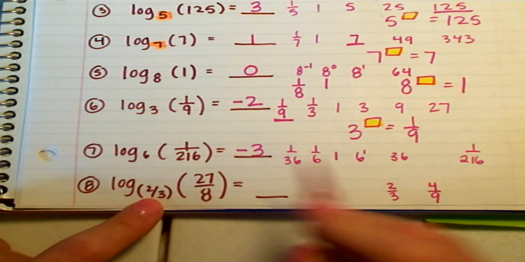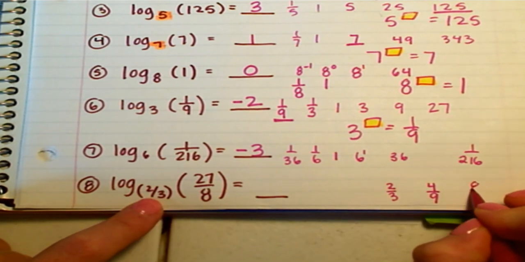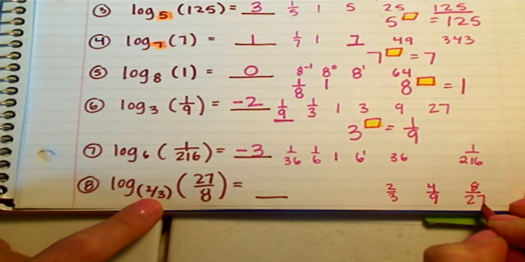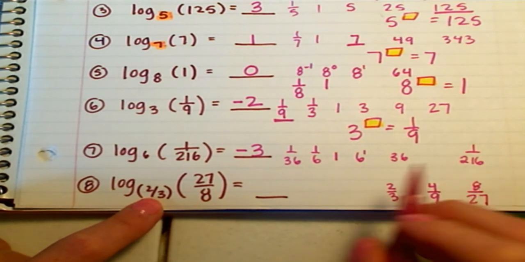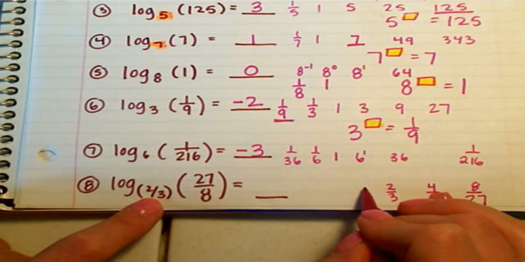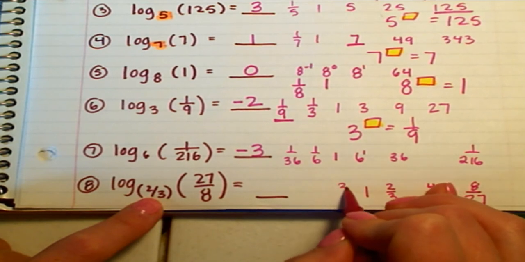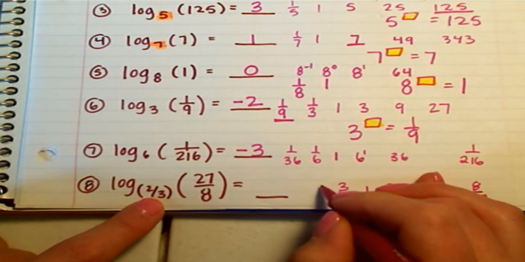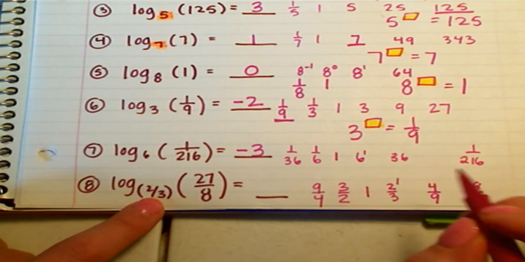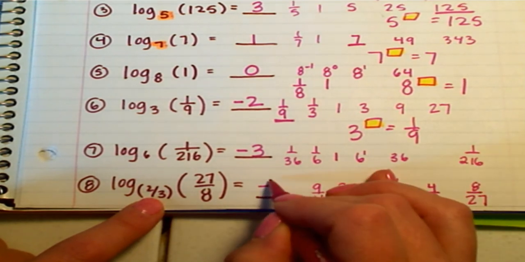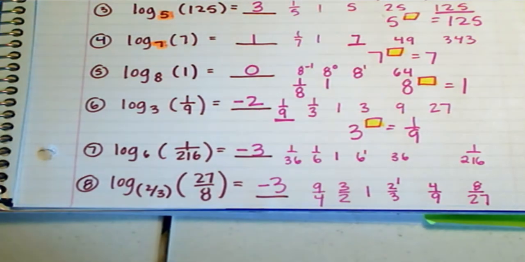So I need to look at this. Notice at the bottom, 27/8. Oh, that's pretty close, except that it's, okay, so I'm going to go this way. 3 over 2, right, that negative exponent is the reciprocal. Oh, so this is the first. So it's negative 3.